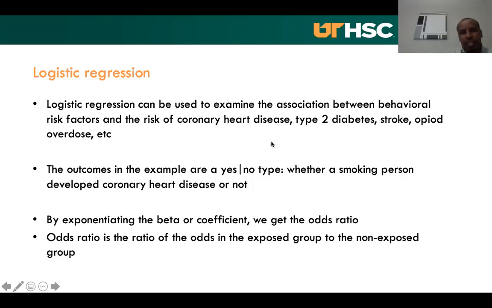So logistic regression analysis can be used to examine the association between several risk factors and binary outcomes. The outcomes in the examples are yes or no type, for example, whether a smoking person developed coronary artery disease or not. By exponentiating the beta coefficient, we get the odds ratio.